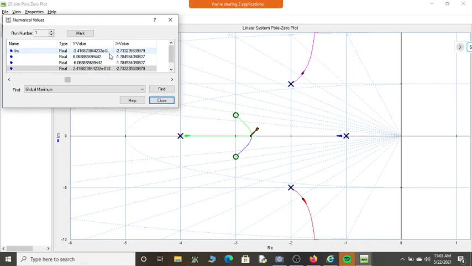I think this is -2.72. This is the breakaway point. The x value is -2.6. Here, this is -3, no? -2.7. The breakaway point is somewhere close to -2.7, -2.8.